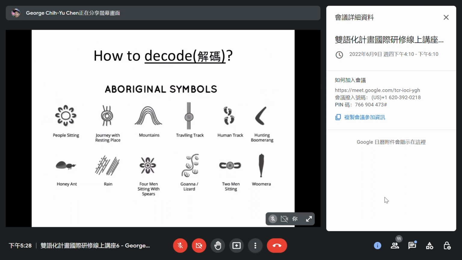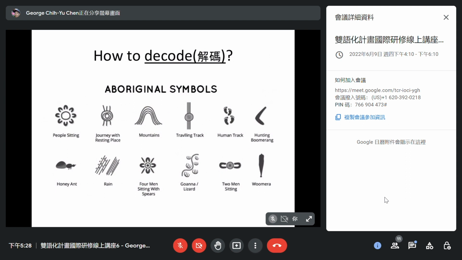So when we look at this indigenous painting, first we want to know how to decode the symbols. So I'll give you some of the examples what the symbols might mean.